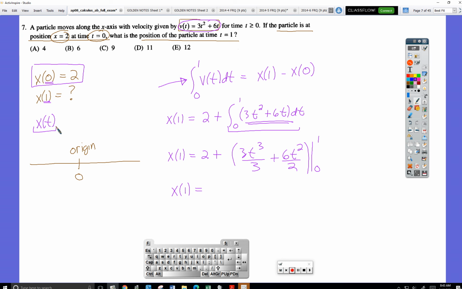So if I were to keep going here, you'd have 2 plus, plug in the 1, plug in the 1 again. I don't have to plug in the 0 because the result would have just been 0. So my final answer is 2 plus 1 plus 3.